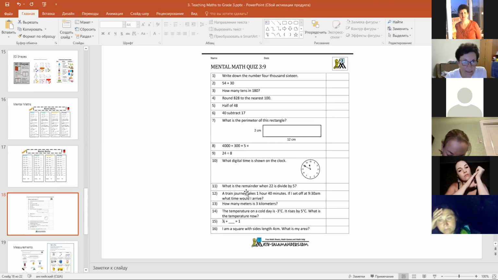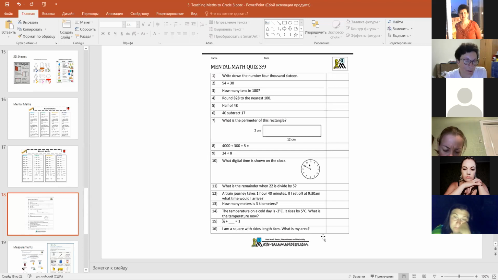Lots of tasks even in grade 2 will be about the remainder. So like if we divide 22 by 5, we have 4, and we have 2 as the remainder. Then we'll have the time, or they are called time elapsed problems, then meters in kilometers, then again temperature, then this is difficult, and I'm a square with side length 4 centimeters.